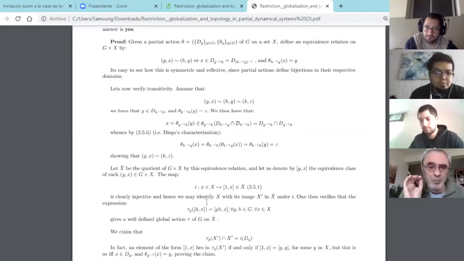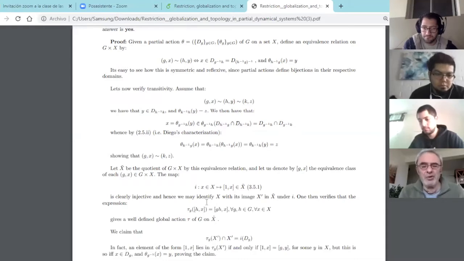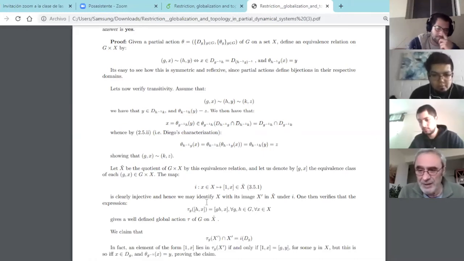So it is important to note that not just do you have 2 points on the same orbit, but you also have the way to go from one to the other. Because if you don't, the entire class would be an orbit. And in this way, instead of defining a larger space than X, you would define a smaller one, which is the orbit space, the quotient of the dynamical system, which is smaller and not larger.